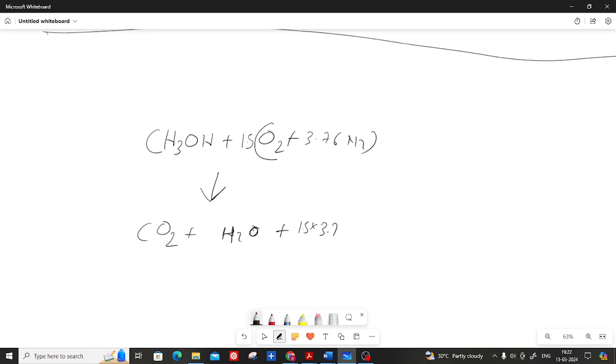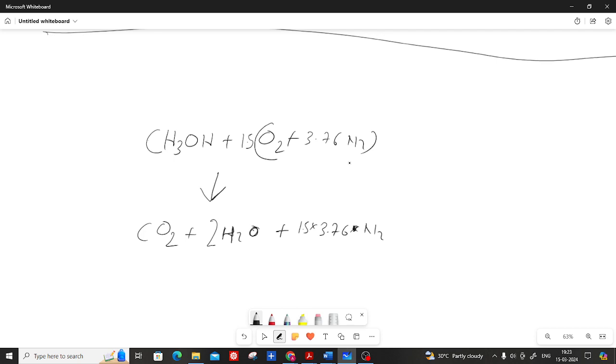I hope it is clear to everyone. If it is not clear to anyone, please let me know. No. See, wait. Here the hydrogen atom is not balanced. So this is 2H2O, not 1.5.